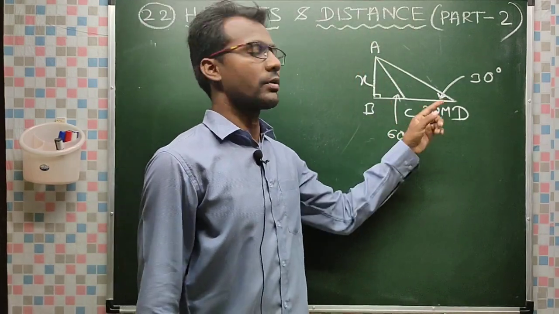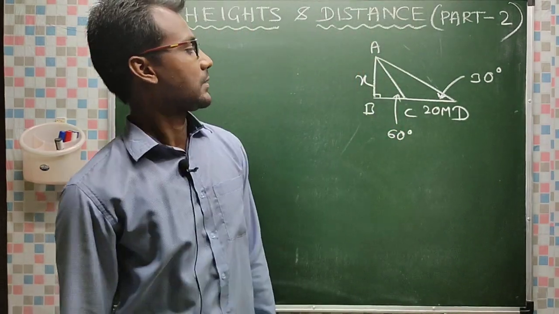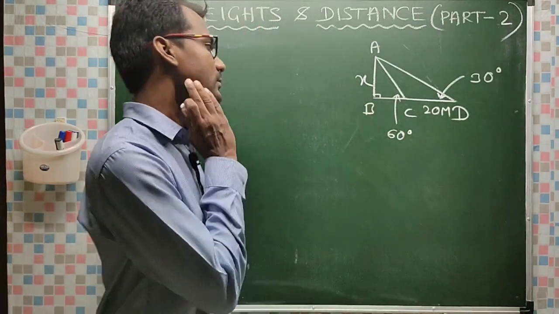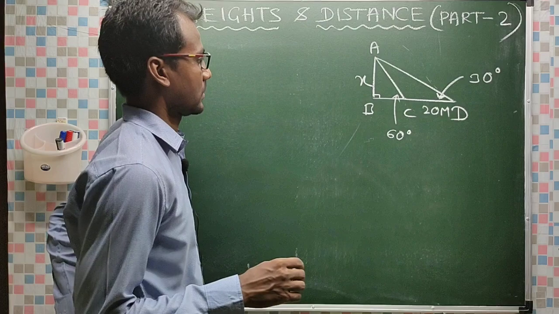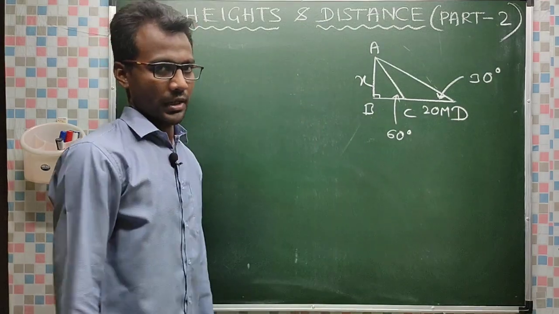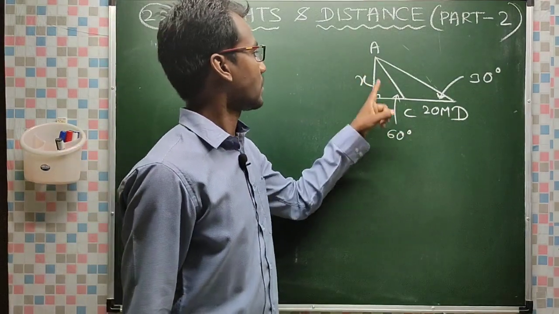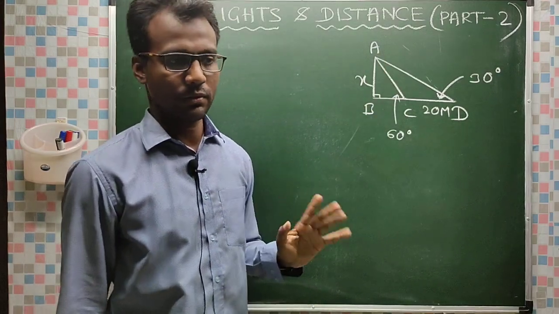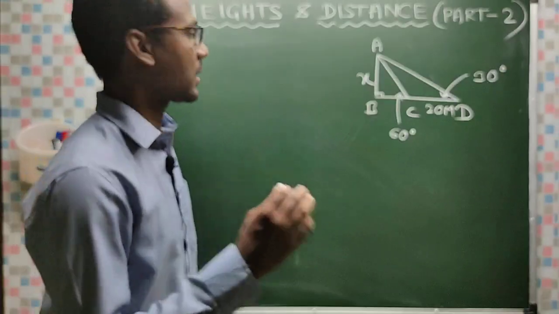Initially it was 60 degree, now it is 30 degree. Find the height of the tree. You can see there are two right triangles, one is ABC, another is ABD. Always take right triangles only in this chapter. First let us take triangle ABC.